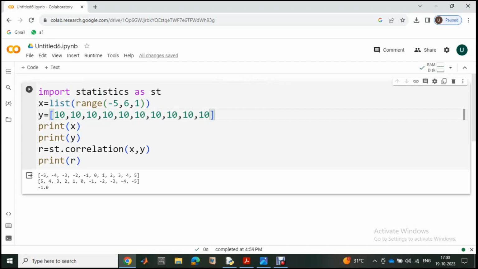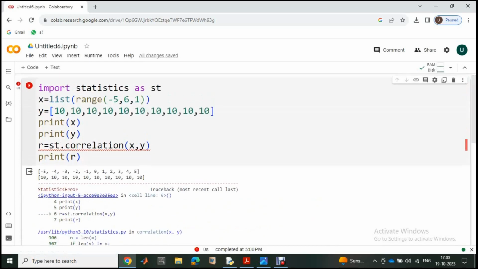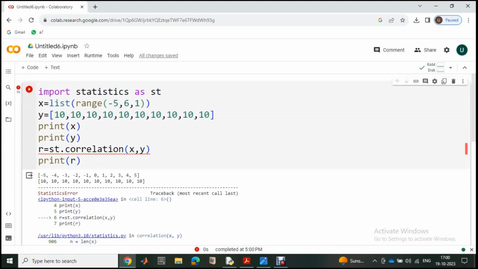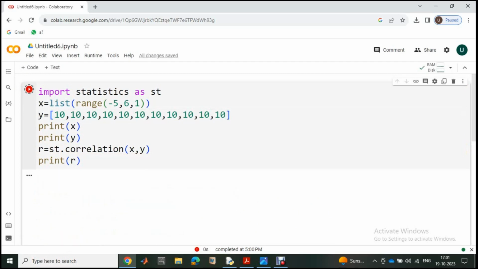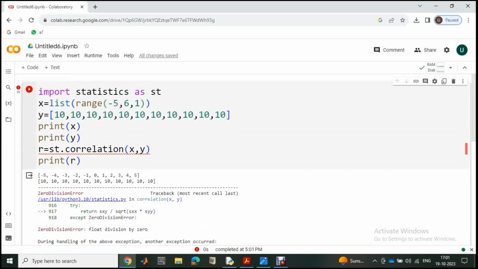On the x-axis I have 10 values and on the y-axis I have 10 values. Let us see what this gives. Again I think there is a mismatch. What is the length of this? 1 2 3 4 5 6 7 8 9 10, and that is also generating 11. So I need to add one more here, because they should have the same length. Now if I do this once again, oh, there is an issue because I took the same value.